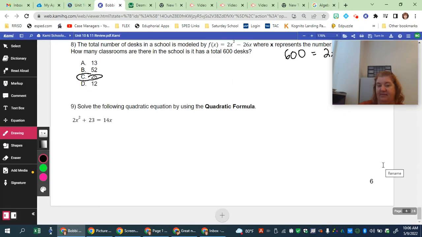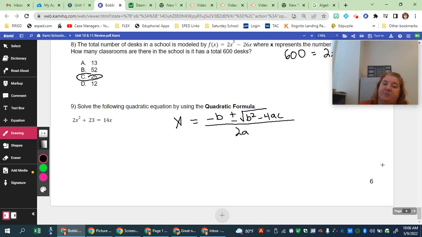And the only time that this gets tricky, which it did get tricky on the test. So I don't memorize this, guys. Some teachers have this memorized. X equals minus B plus or minus the square root of B squared minus 4AC, all over 2A.